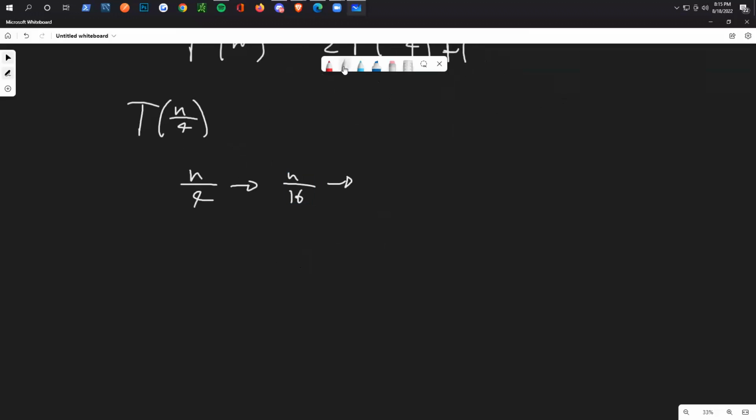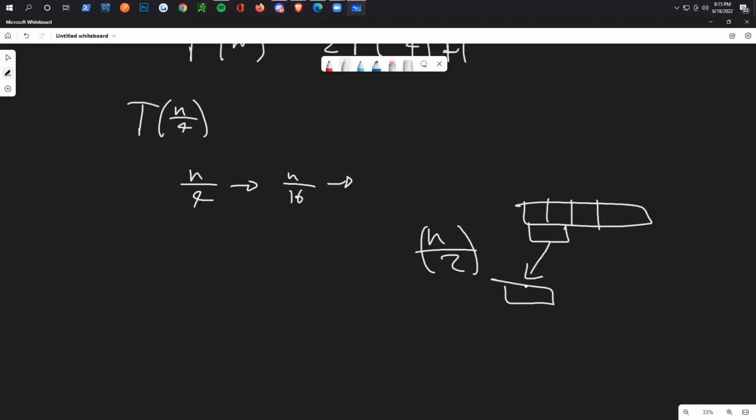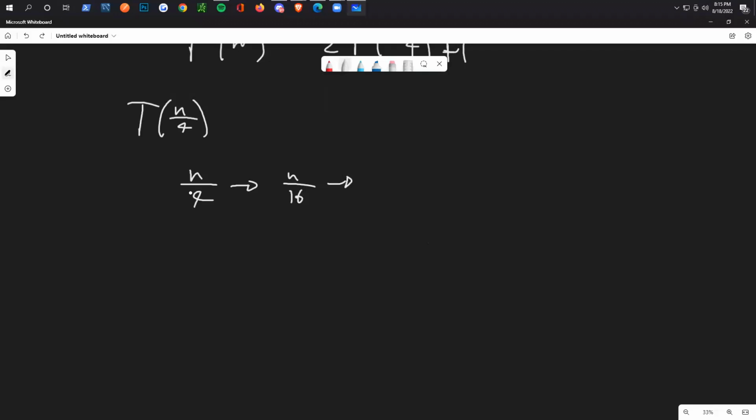And if you think about it, a common example we know is merge sort. You divide the array into 2 parts. So for example, you do this subsection, then this subsection, etc. So you do the same process. So the same trend is going to end up happening, but it's just going to be a factor of 4 in this case.